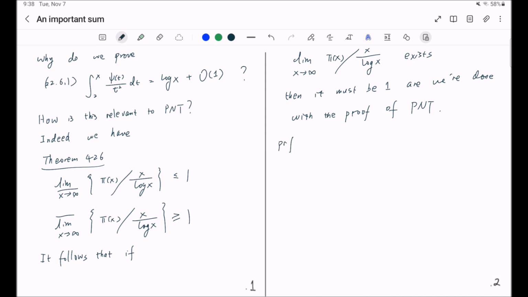So now let's prove this theorem 426. We prove it by contradiction. We first recall by theorem 420 we have pi of x similar to theta of x divided by log of x, which is again similar to psi of x divided by log of x.